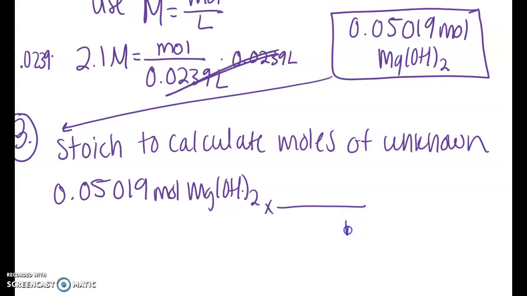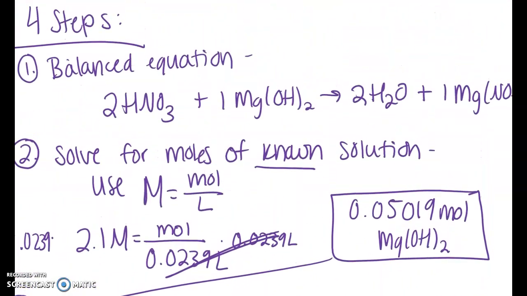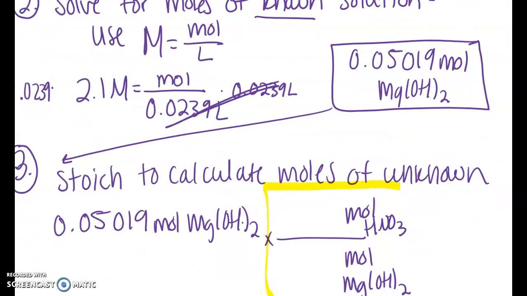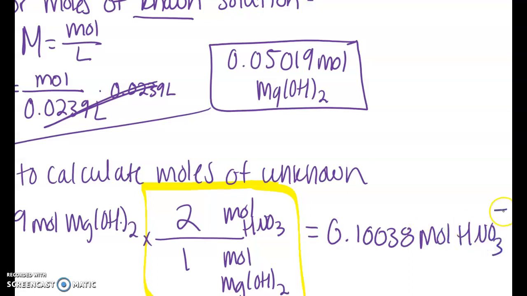So in my next step, I'm going to have moles of magnesium hydroxide on the bottom. I'm going to have moles of nitric acid on the top. And I get this number from my balanced equation. So when I look at my balanced equation, for 2 moles of nitric acid, I will react 1 mole of magnesium hydroxide. And that's what's going to go in this step right here. So 2 moles of HNO3 for 1 mole of magnesium hydroxide. So when I multiply this by 2, I get 0.10038 moles of HNO3.